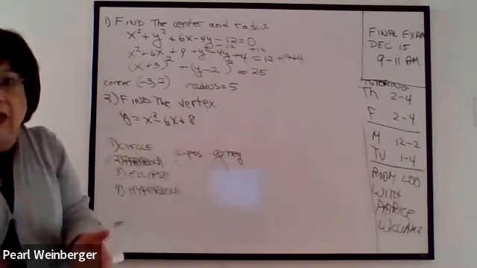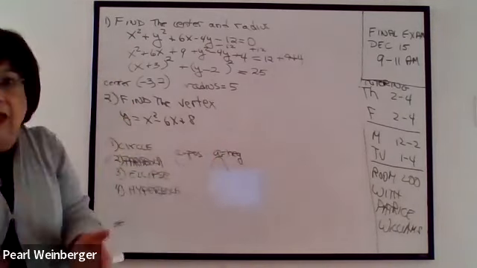Let's just mention what an ellipse looks like: a flattened out circle. And sometimes it's flattened horizontally and sometimes it's flattened vertically, but basically it's an oval shape. A hyperbola is two back-to-back U's.